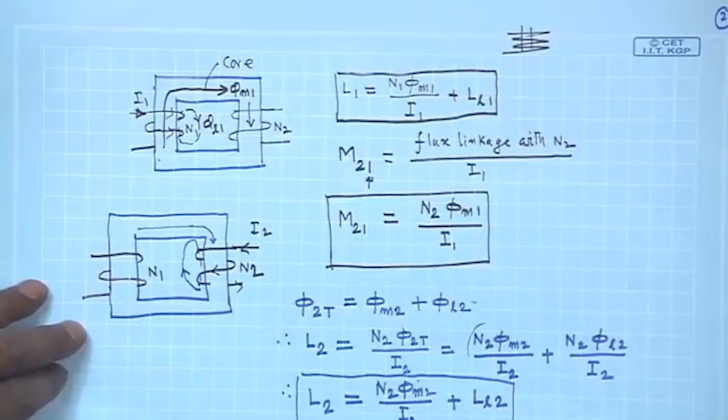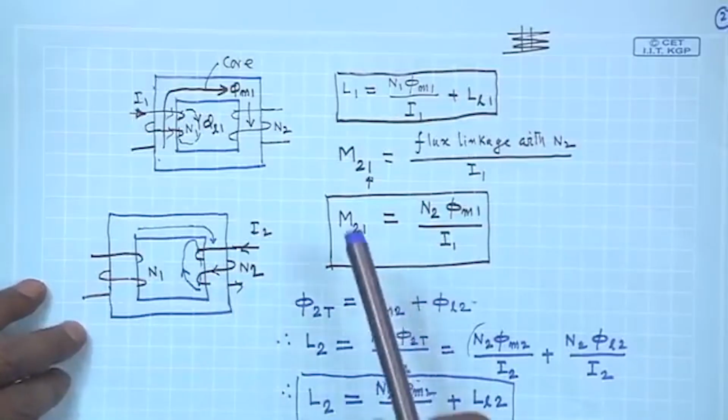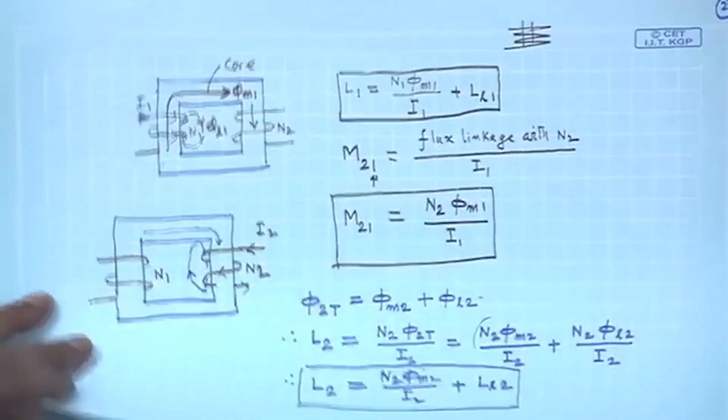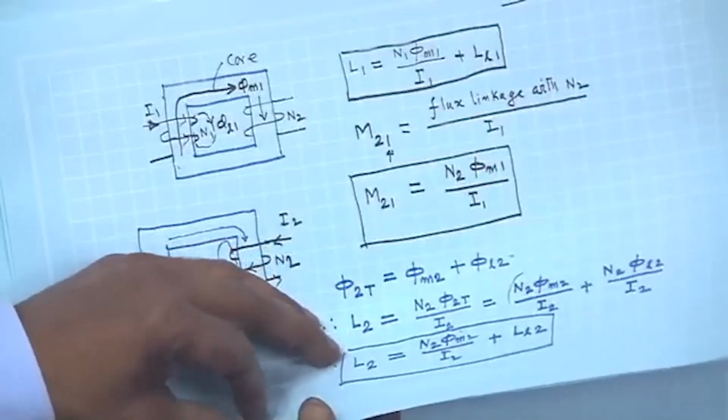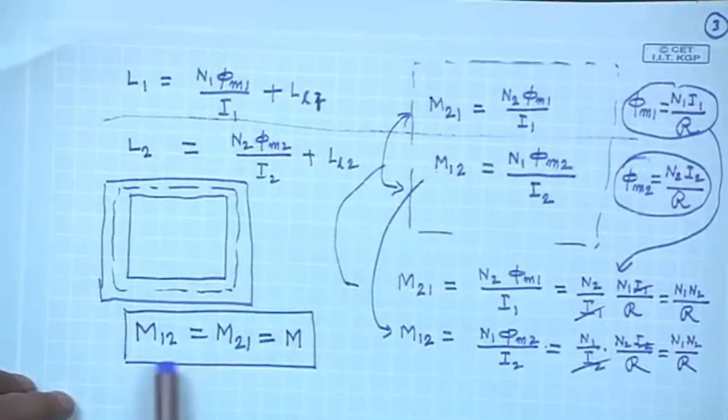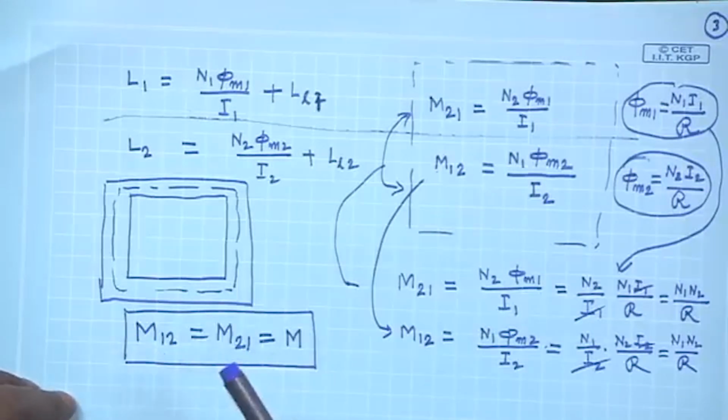Last time we found L1, M21, M12, and eventually in my last class we got that M12 and M21 are the same and equal to capital M.